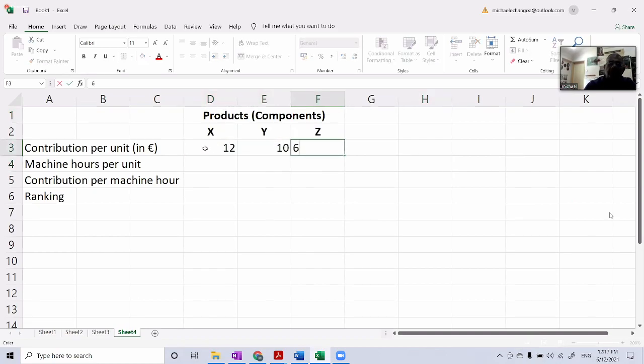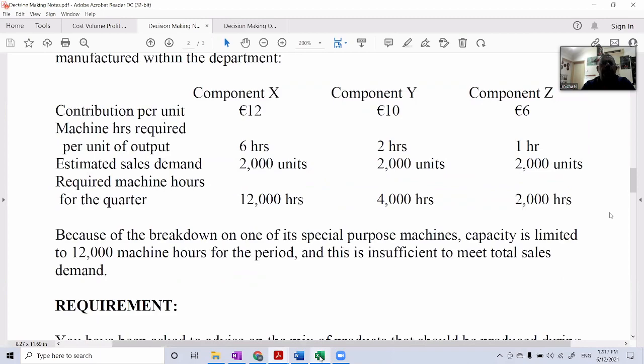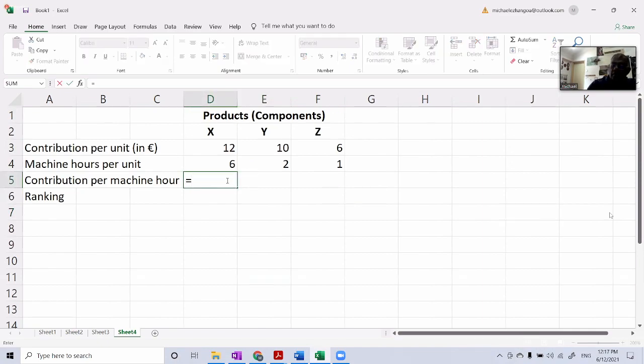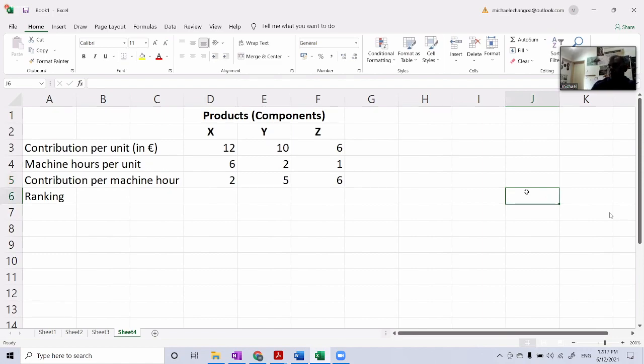Machine hours per unit is 6, 2, and 1. So contribution per machine hour will be 12 over 6, 10 over 2, and 6 over 1.